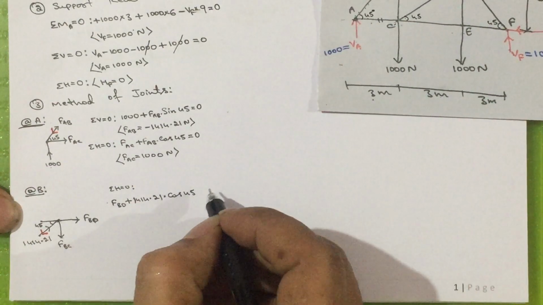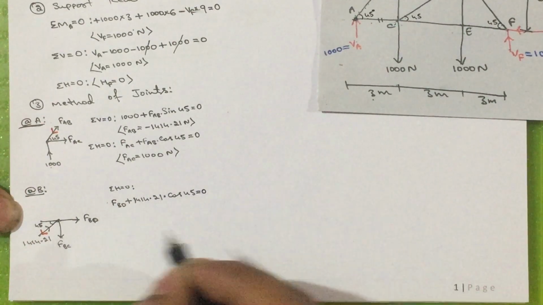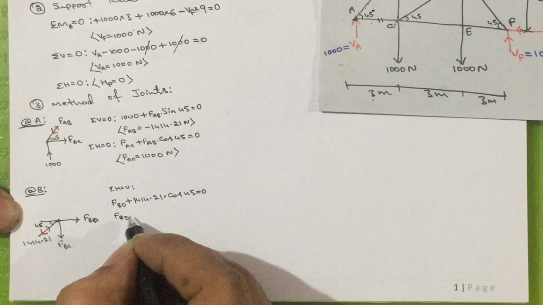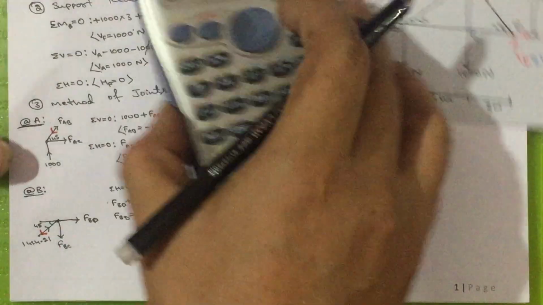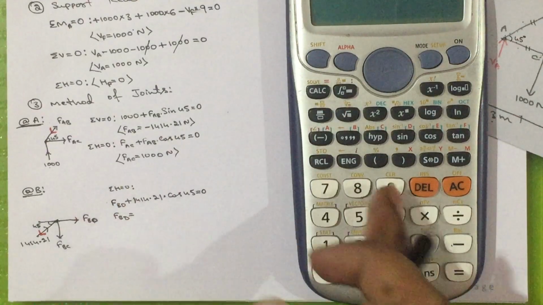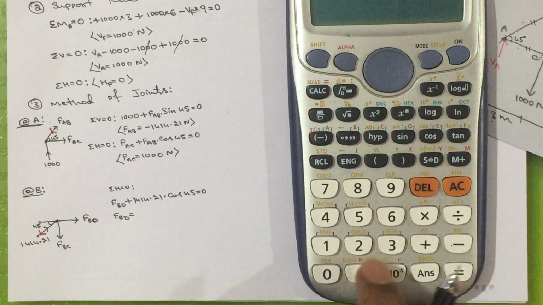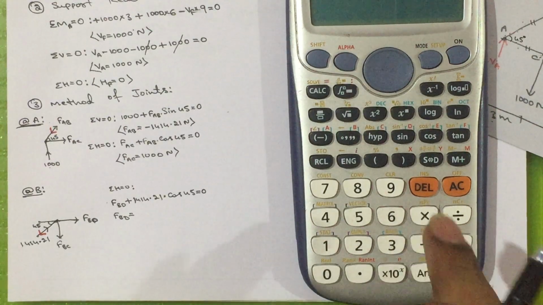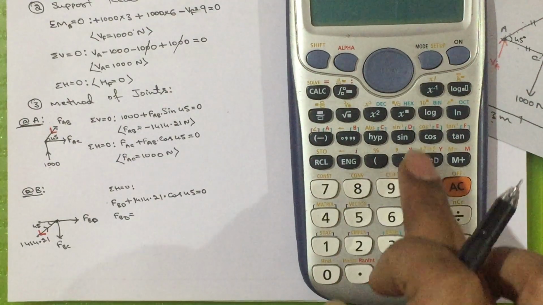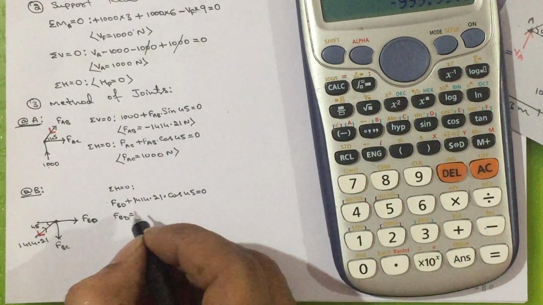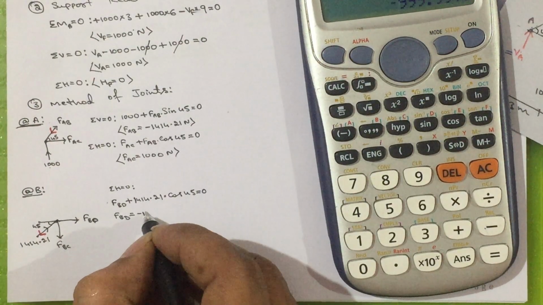The vertical component, you leave it, then this should be equal to 0. Therefore, FBD you are going to get as, if it goes to that side it will become minus, 1414.21 into cos of 45 degree. So, you are going to get minus 1000 Newton.